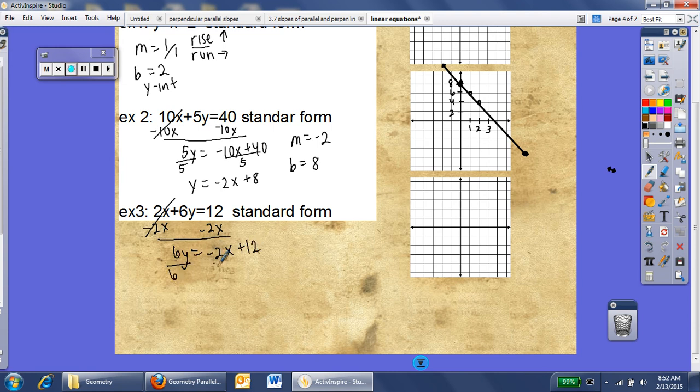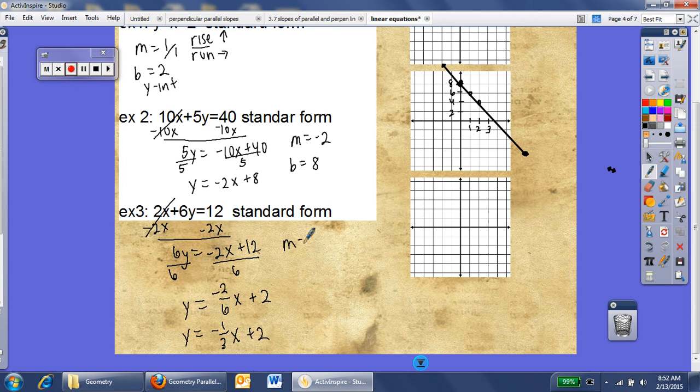Divide by 6, so I get y equals, now dividing here, negative 2 over 6x, which we'll need to simplify, plus 12 divided by 6 is 2. So this is negative 1/3 x plus 2.